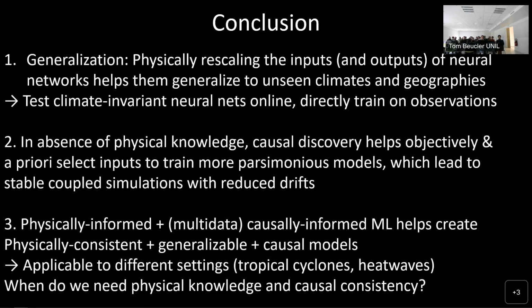Okay. To conclude, I hope I convinced you that there's a lot of opportunity for any machine learning algorithm to be informed either by physical knowledge, and when there's no physical knowledge, causal discovery algorithms, even just to select the features, which sometimes can be very helpful because we not only need to select variables in Earth science, we also need to select how to reduce their dimensionality.